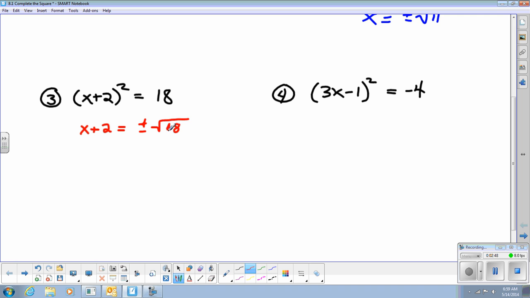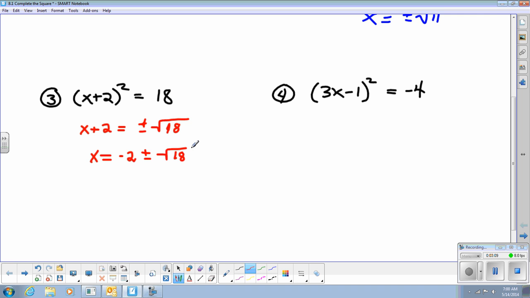Now, I want to isolate x, so I'm going to subtract 2 from both sides. And I'll write x equals negative 2 plus or minus the square root of 18. Always put the rational number first, the irrational number, or the radical, second.